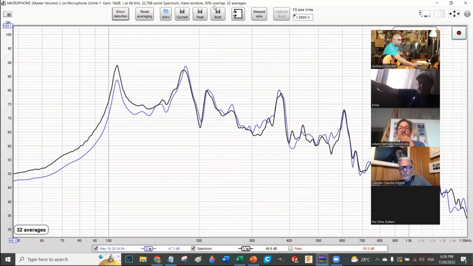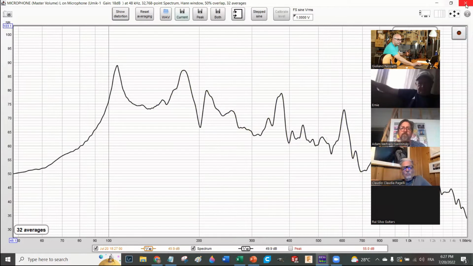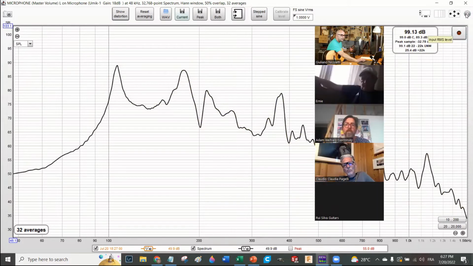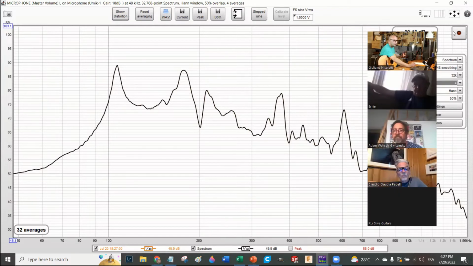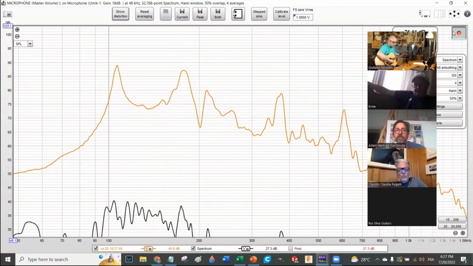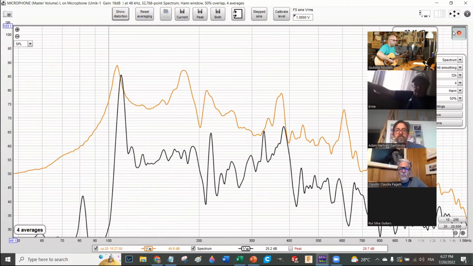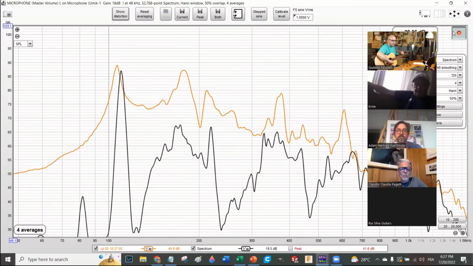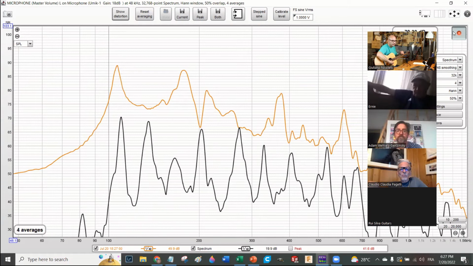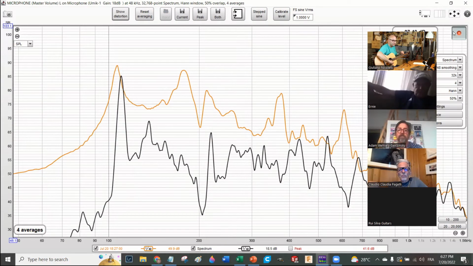But then I keep this measurement, and for example, I can reduce the averaging down to 4. And I can just play a note and double check how this note is positioned compared to the resonances of the instrument.